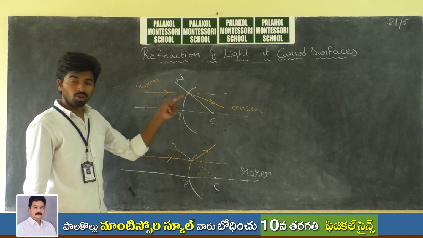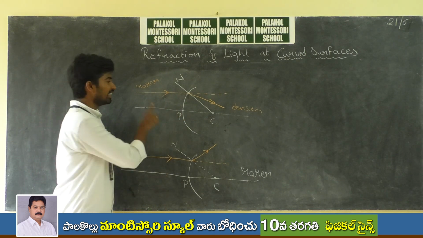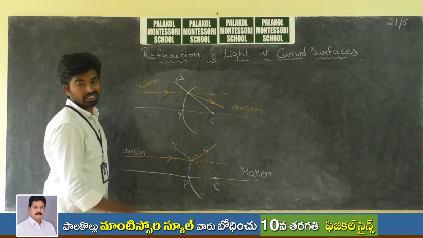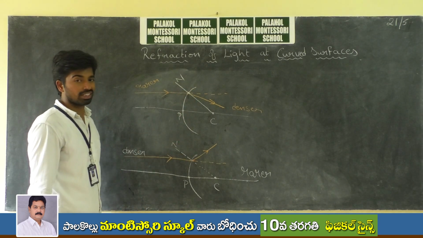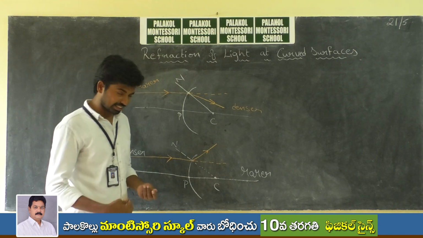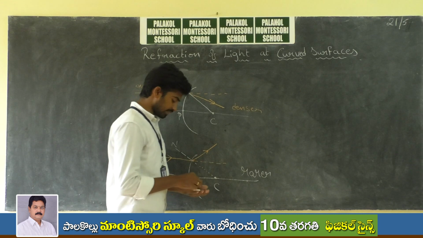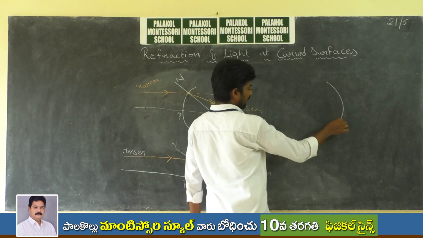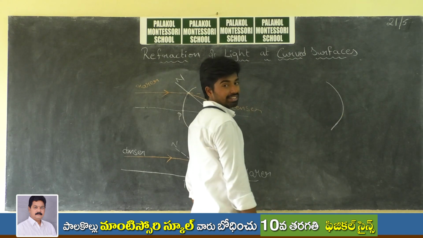These are the two situations when the light is incident on a convex surface. Now let us see the case when the light is incident on a concave surface. I have considered a spherical curved surface.